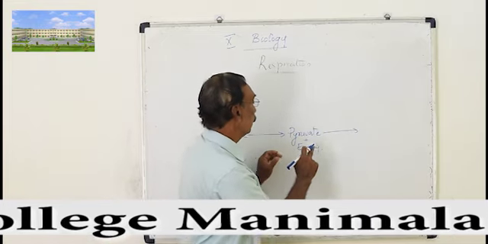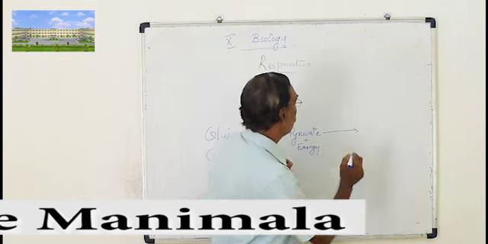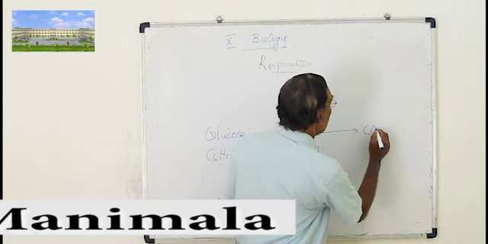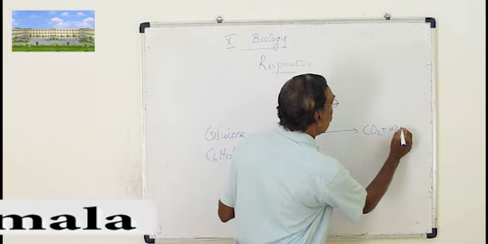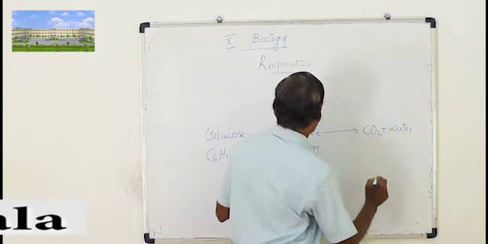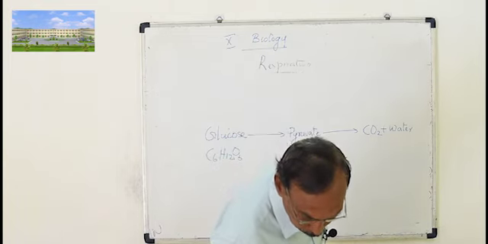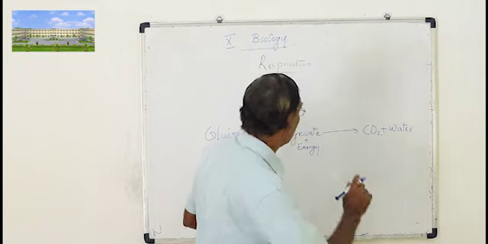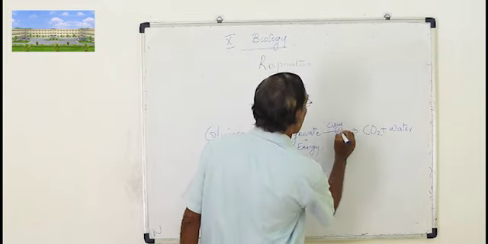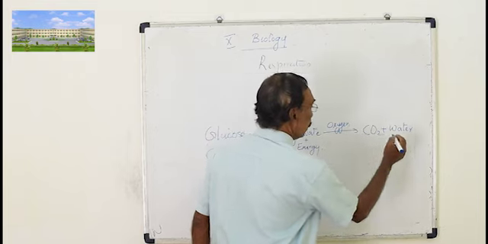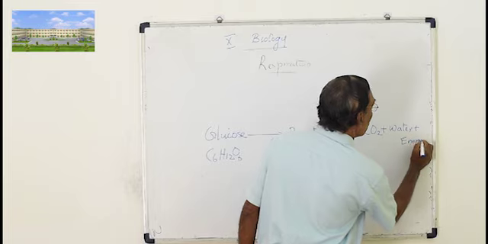In the second step, the pyruvate breaks down again and the final products are carbon dioxide and water. This reaction takes place only in the presence of oxygen, and carbon dioxide, water, and energy are produced.